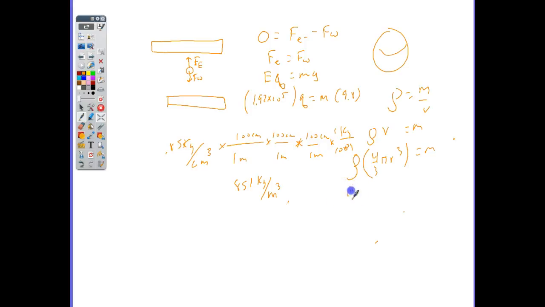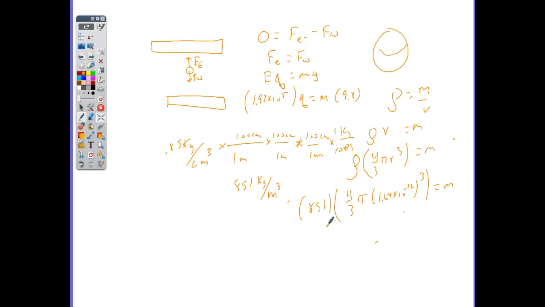So this is 4/3 pi. What is my radius in meters? 1.64 times 10 to the negative 12th, cubed. And I got 851 out here. I forgot parentheses, so I was trying to make a group do an entire new thing.